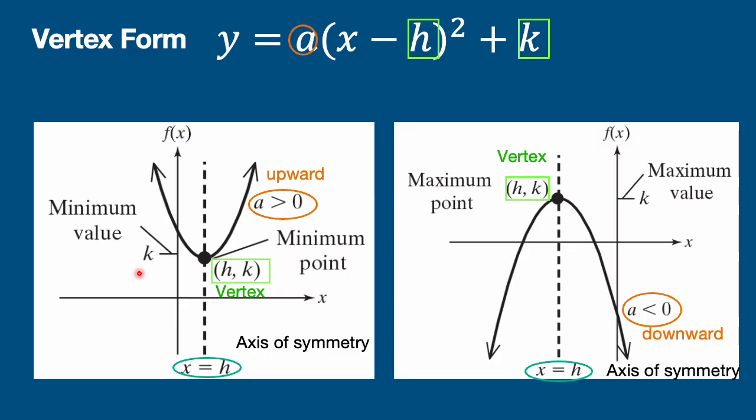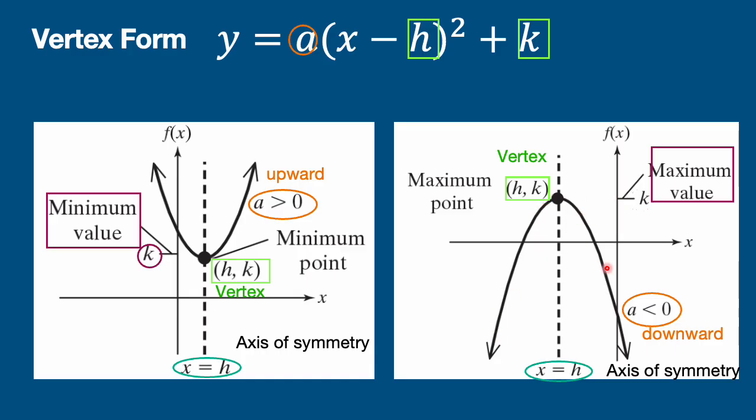Next, this one is a minimum because a is positive. What is the minimum value? That's the y value of the vertex, guys. Make sure of it. Here is a minimum, leading coefficient positive. Here the leading coefficient is negative, so you're going to have a maximum.